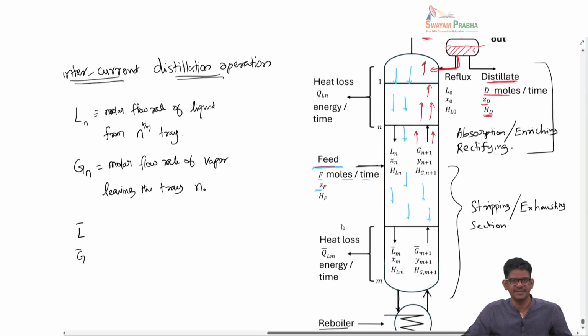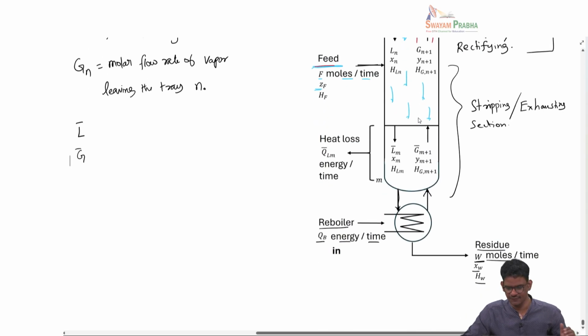Here, the flow rates at the top of the column would be of some extent, and at the bottom of the column you would have different gas and liquid flow rates. We know the operating line slope is proportional to the ratio of the flow rates, so you will see two differently sloped operating lines. That's what we have to deal with.